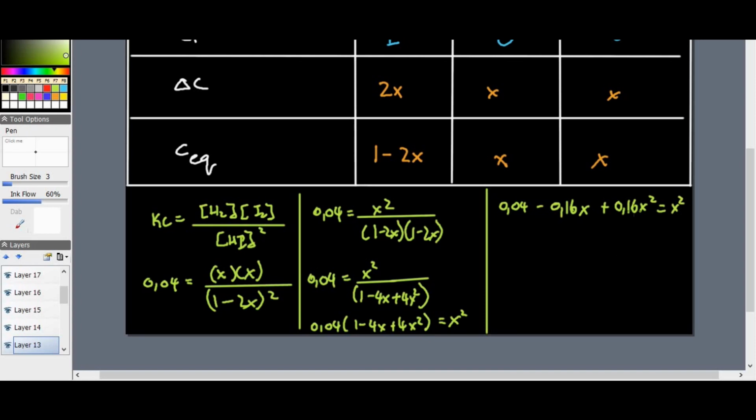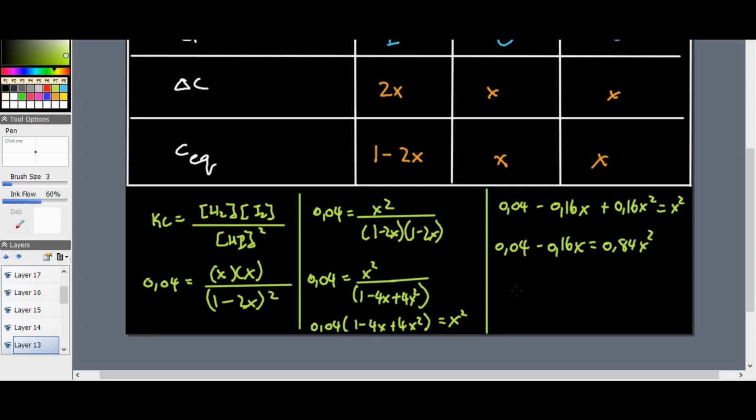So if we take everything over, that's going to be 0,04 minus 0,16x is equal to 0,84x squared... 0,04x squared. So that's going to have 0,04.